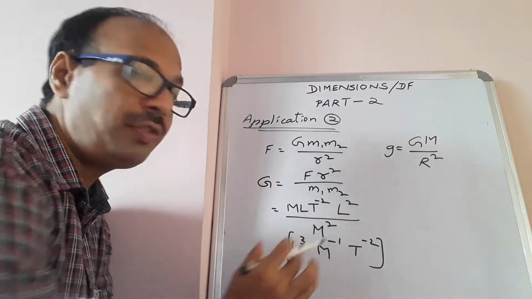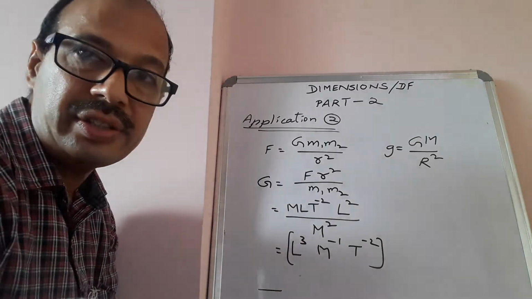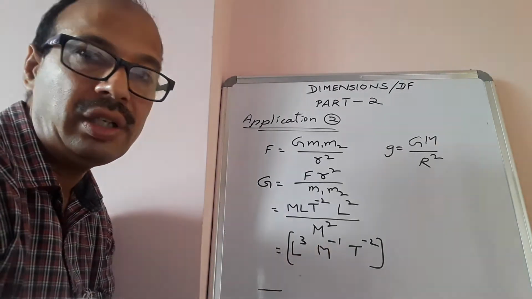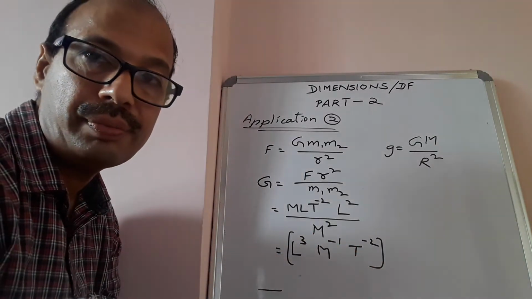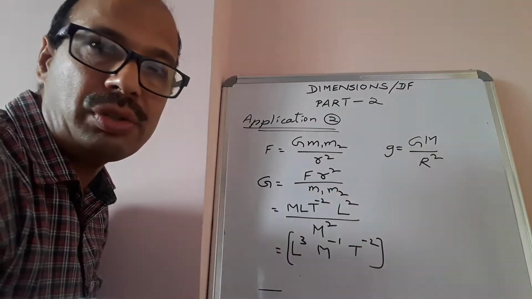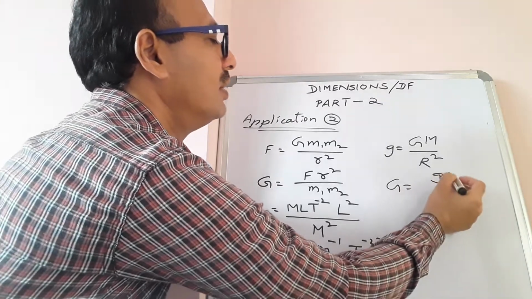This is the dimension formula of capital G, and the dimension of length in this is 3, dimension of mass in this is minus 1, and dimension of time in this is minus 2. So by using this formula also we can derive capital G.